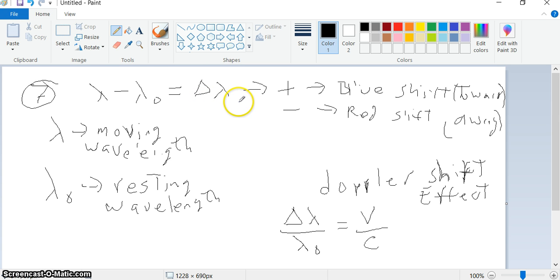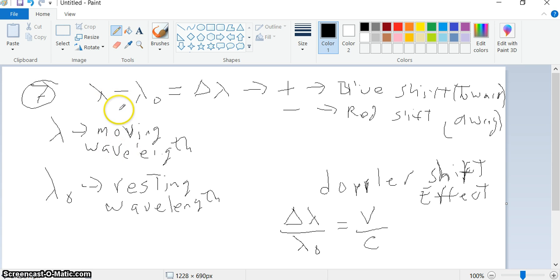Let me go over this real quick. If the change is positive, all right, lambda is the moving wavelength, lambda naught is the wavelength at rest.